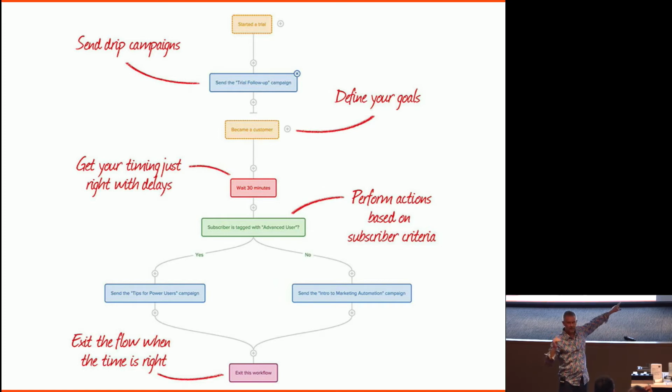If they reach that goal, we stop that campaign, wait for a defined period of time, in this case 30 minutes, and then do something else. We might send them a congratulations campaign: you've purchased these, this is your delivery date, this is how to look after your chairs, and this is how good they are in terms of ergonomics.